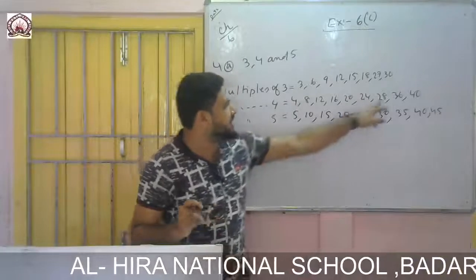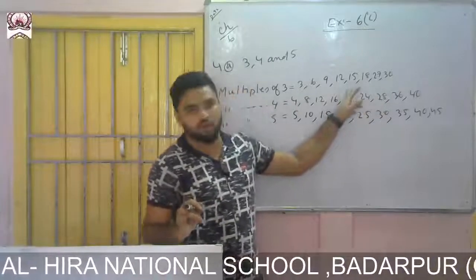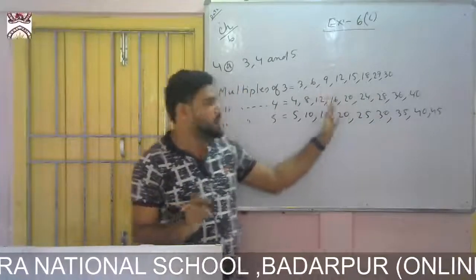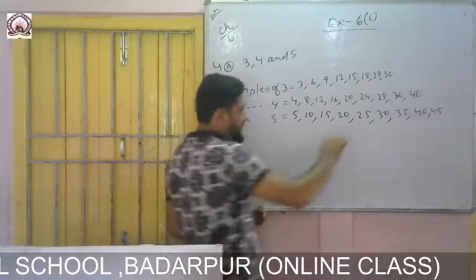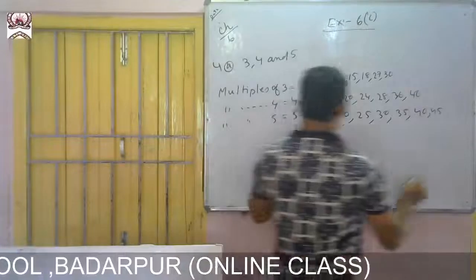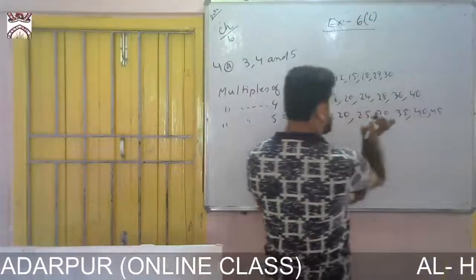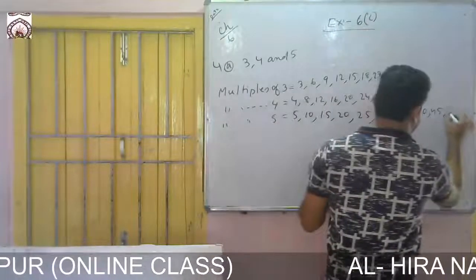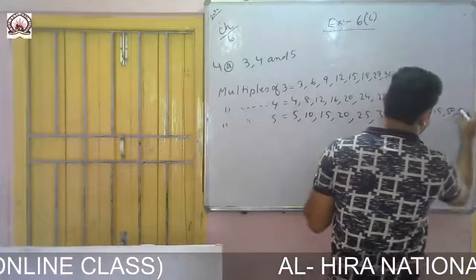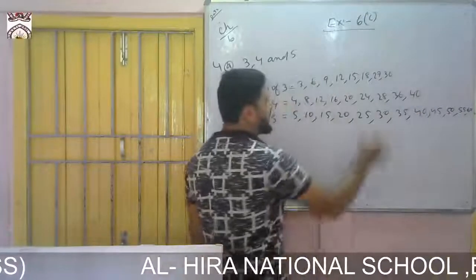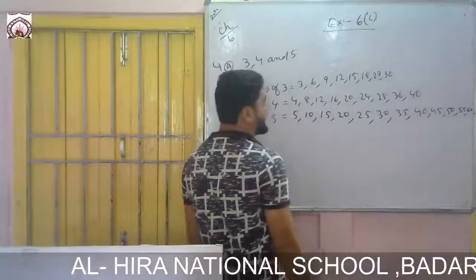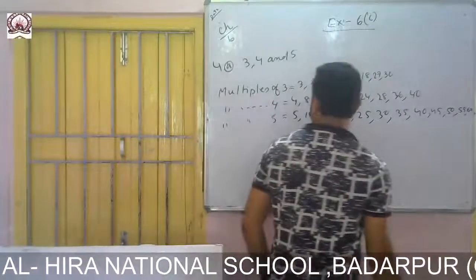Here 20 is there, but there is no 20. So there is no common multiple, so I need to go more. Let me extend it: 50, then 55, then 60. Let me continue up to 60 and see whether I shall get 60 or not.